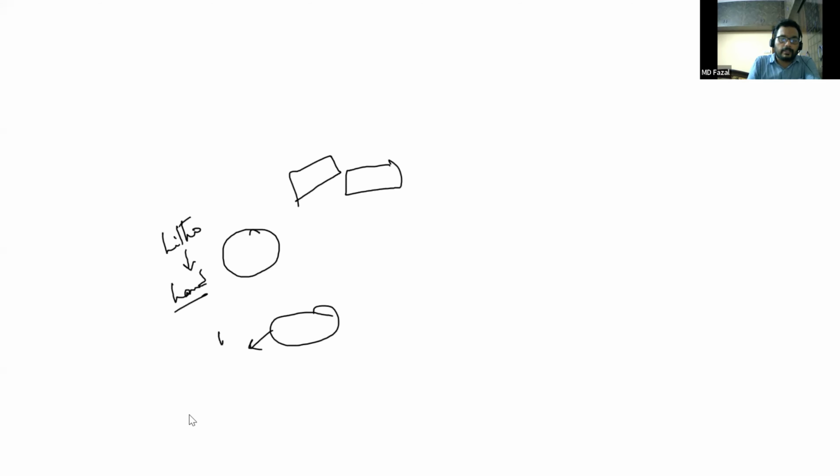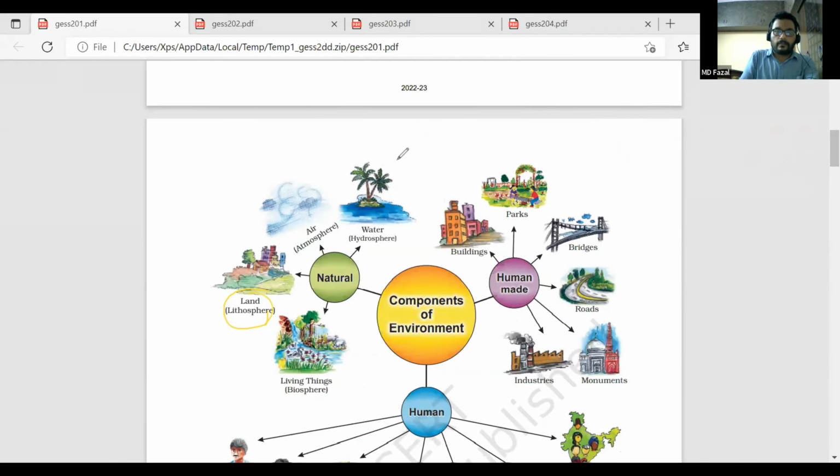Remember, bio is nothing but life. What is the meaning of biotic and abiotic? As I told you just now, bio means life. This is a very important option, and sometimes questions can be asked on the land part. So this is terrestrial.